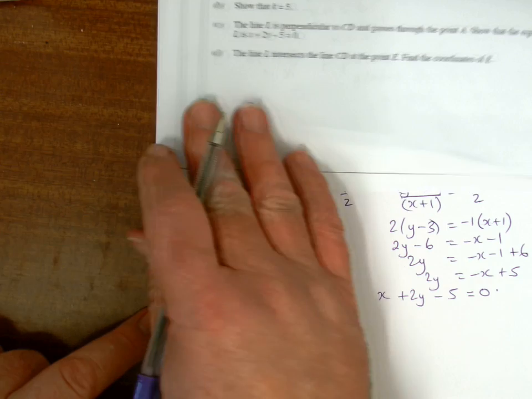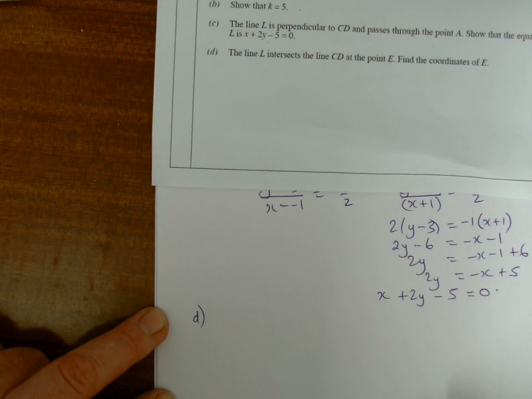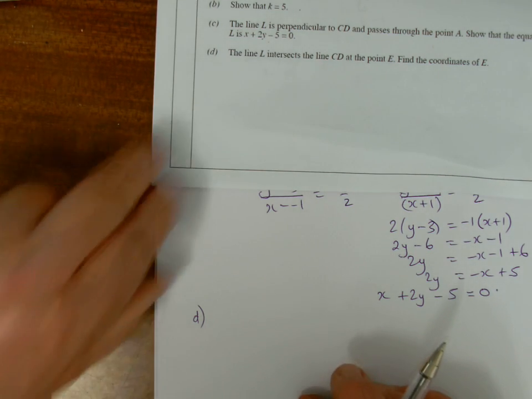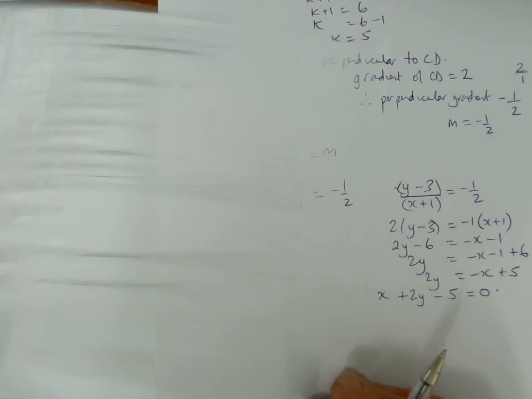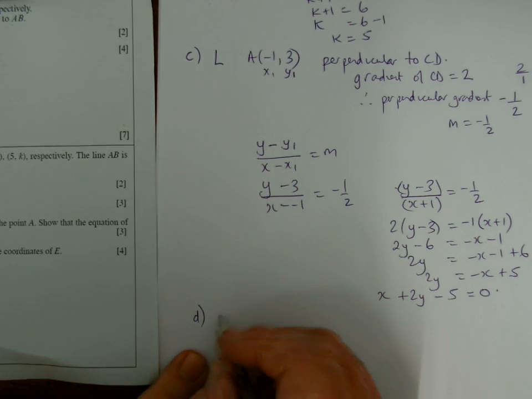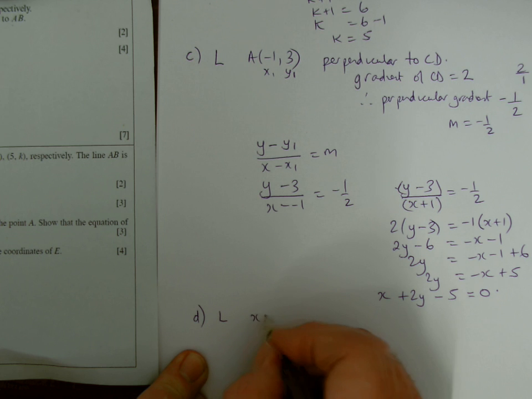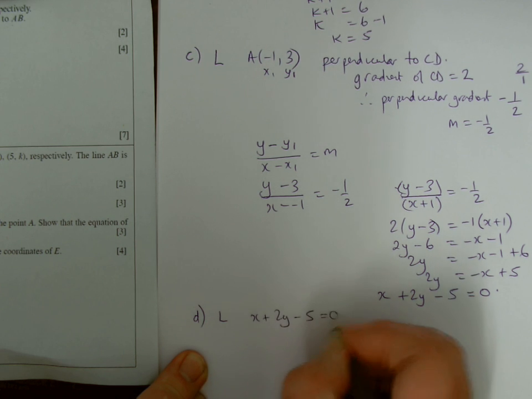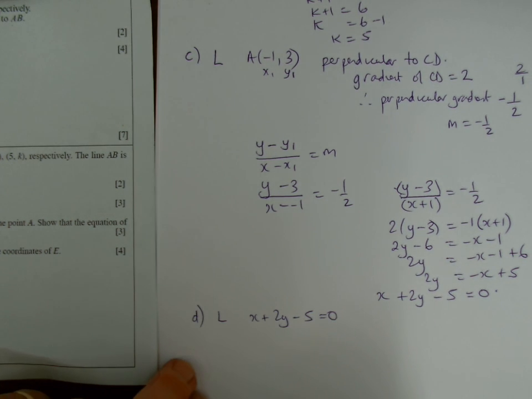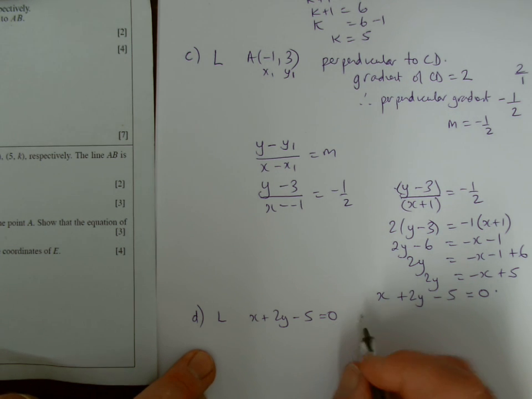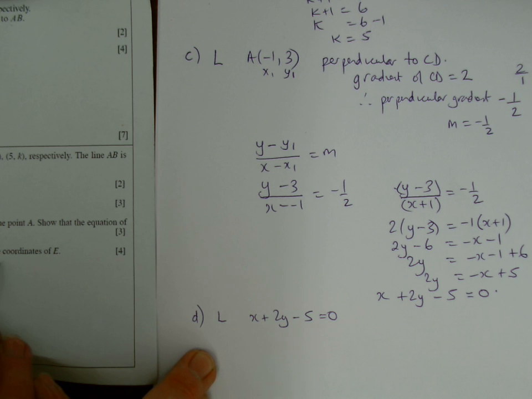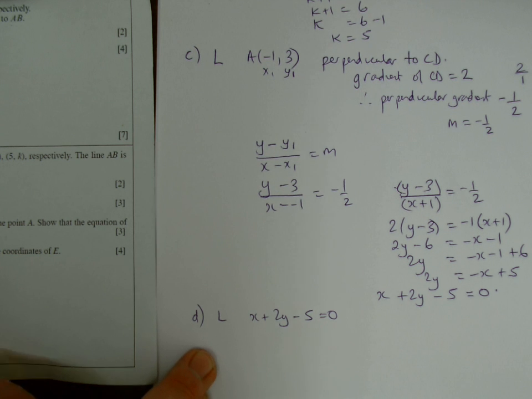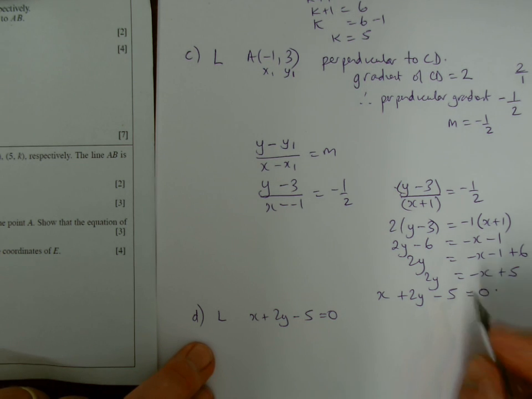the line L intersects the line CD at the point E. So line L is x plus 2y minus 5 equals 0. It intersects the line CD. So I need the equation of the line CD, because to find the point of intersection I need to solve the two equations simultaneously.